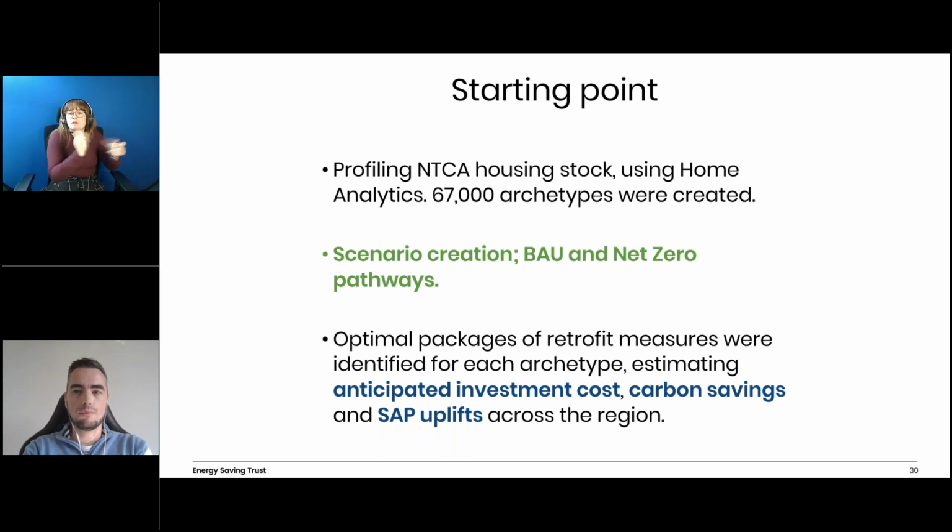And the second scenario was, how do we get to net zero? Using the tools that Sean has described, how much extra finance needs to go in? What type of technologies do we need to start preparing for? The tool analysed the optimal packages of retrofit for each different property, and it could give uplifts for each property, but also for the region as a whole, which enabled us to understand how we can move things forward.